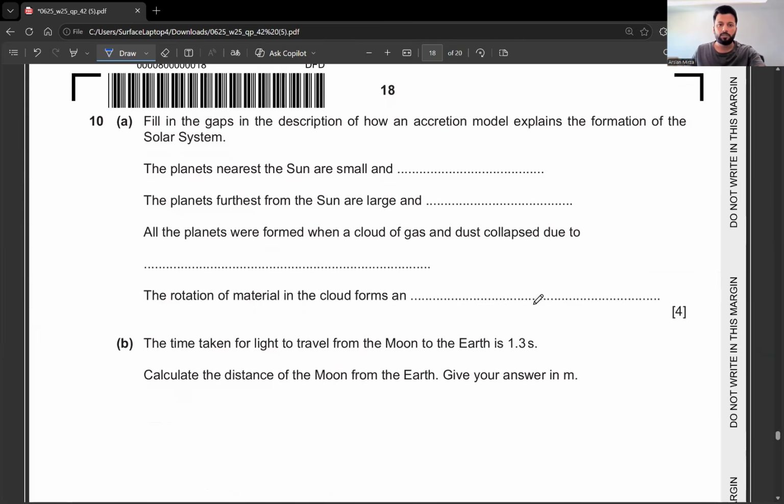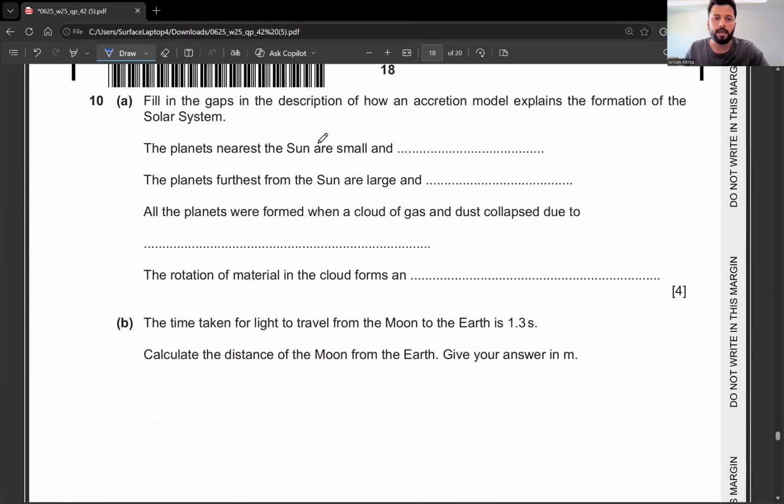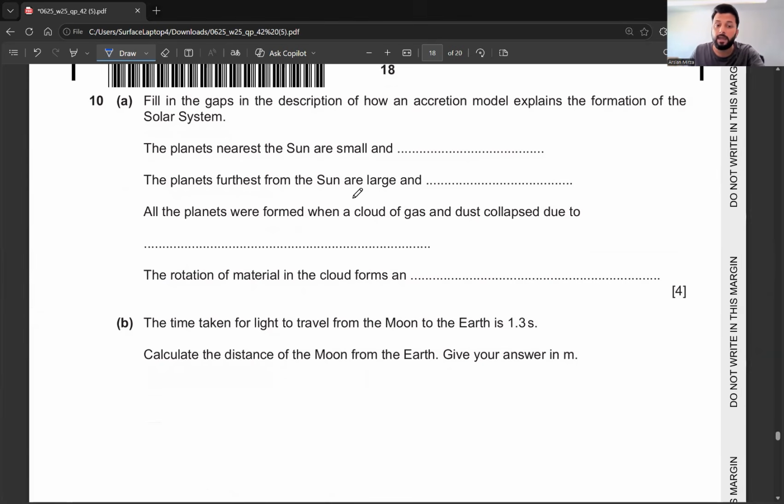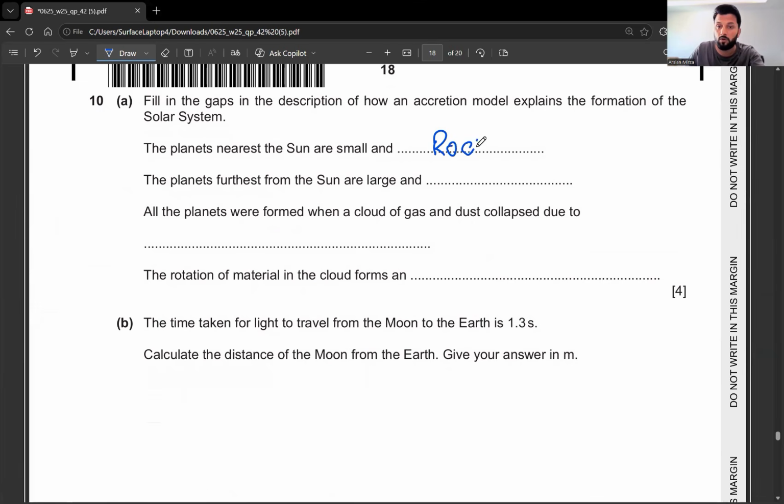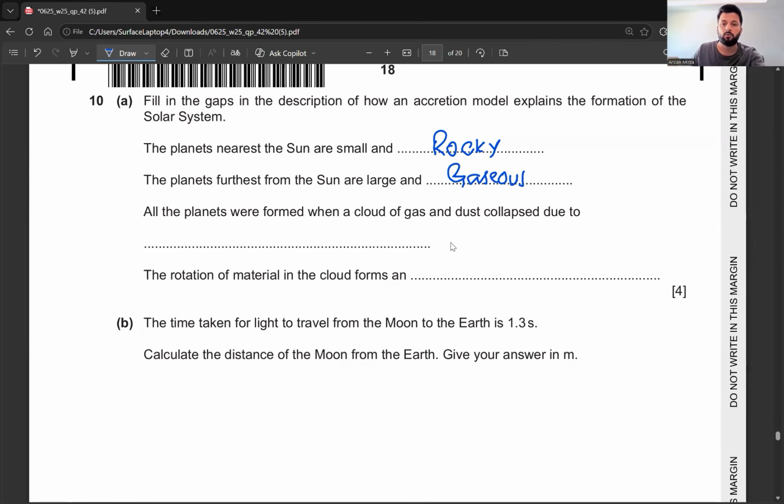Question number 10, last question. Fill in the gaps in the description of how the accretion disk model explains the formation of the solar system. The planets near the sun are small and rocky. First four planets are rocky and the last four are gaseous, right? So further away they are gaseous. All the planets were formed when the clouds of gas and dust particles collapsed. Why did they collapse?